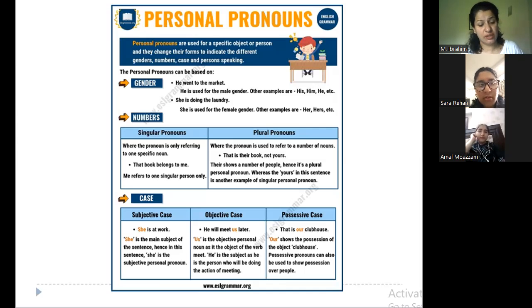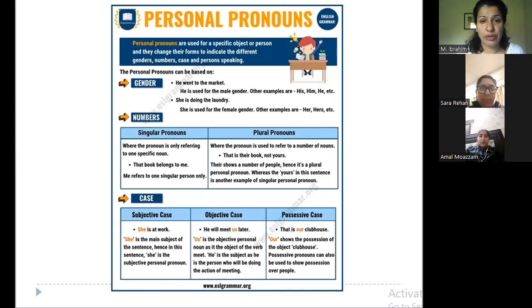I've replaced the noun Sarah with she, her, herself, etc. Okay? So she, her, herself, these are all pronouns. Any word which replaces the noun is called a pronoun.